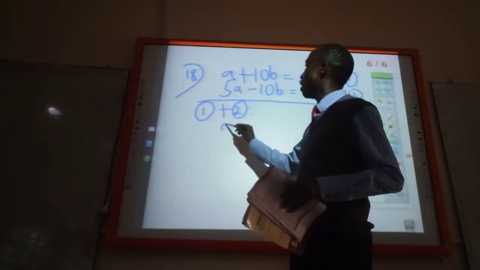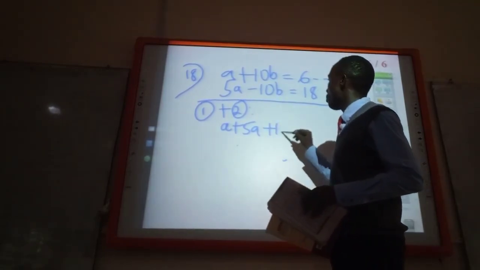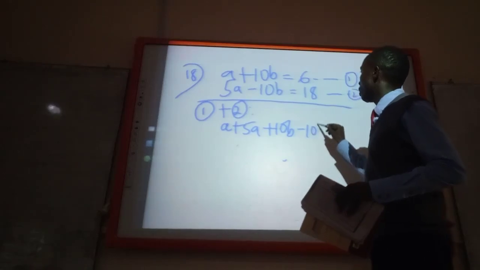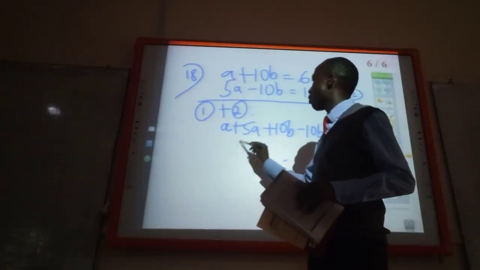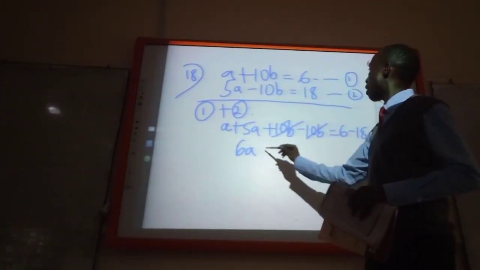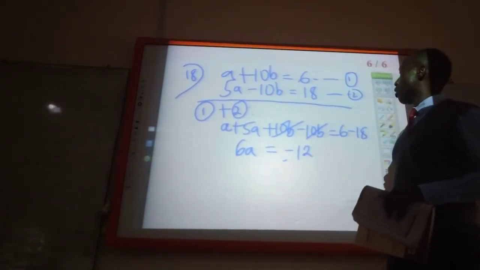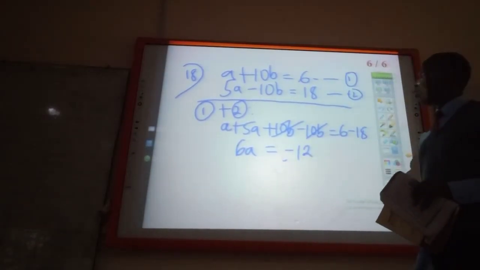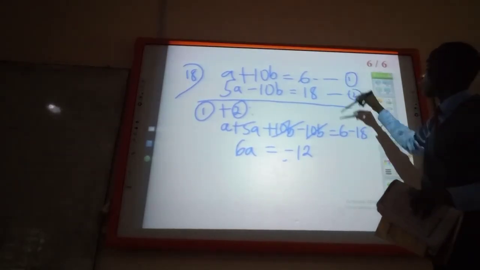That will now give us a plus 5a, plus 10b minus 10b, equal to 6 minus 18. This will give us 6a. This and this will go, 0. And this will give us minus 12, right? Who said it's plus? Oh, that's true.